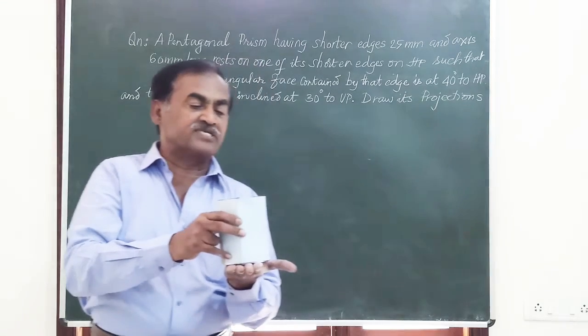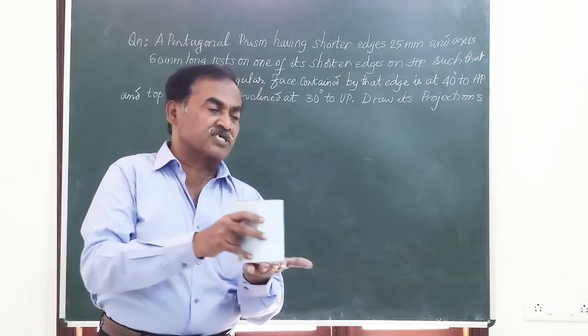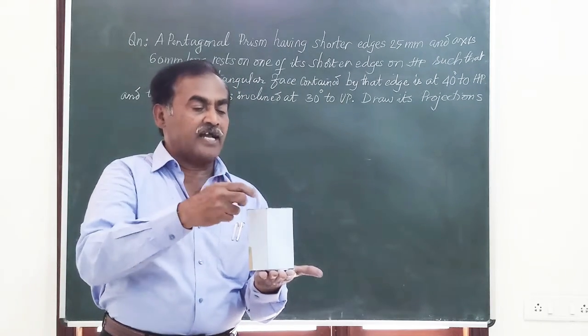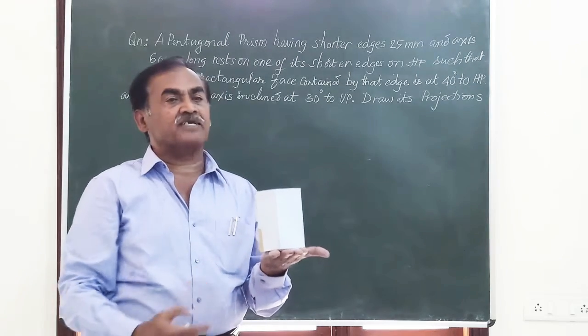So I place the object on HP such that the shorter edge A1 B1 is to the right side of the observer, and we obtain the corresponding top and front views of the prism.